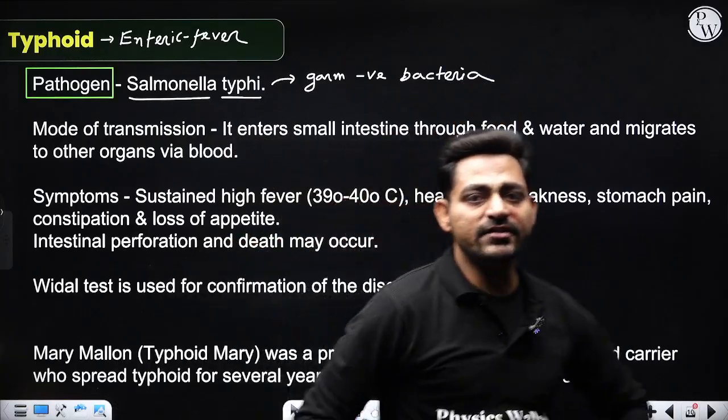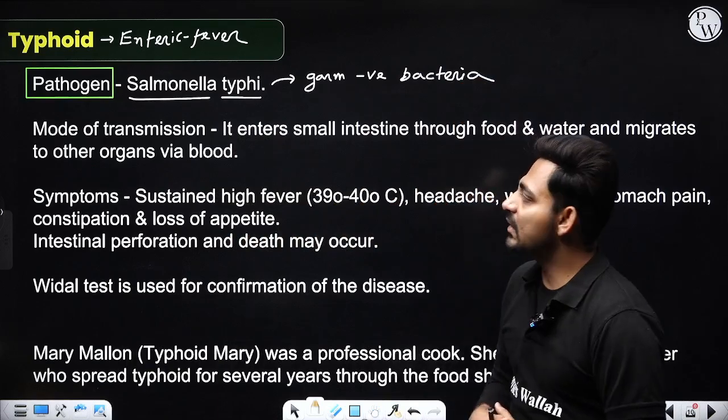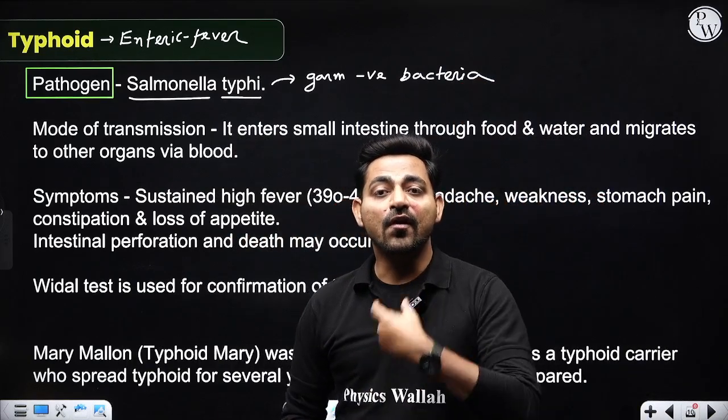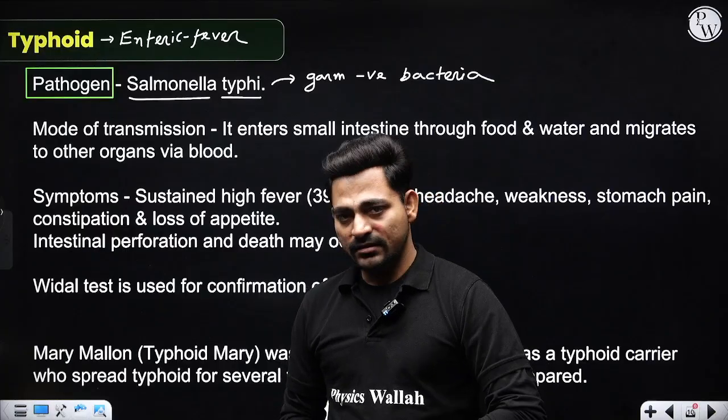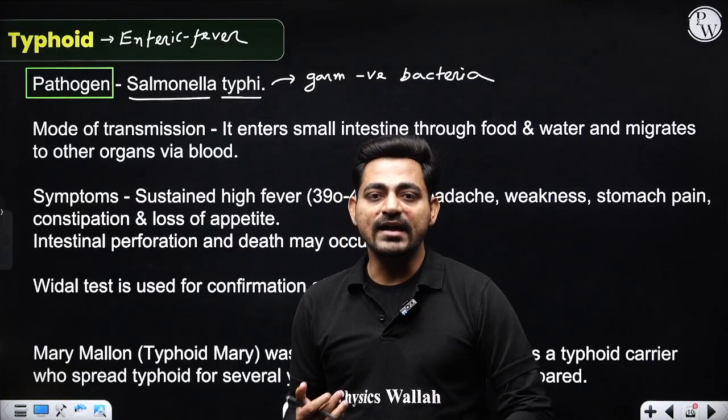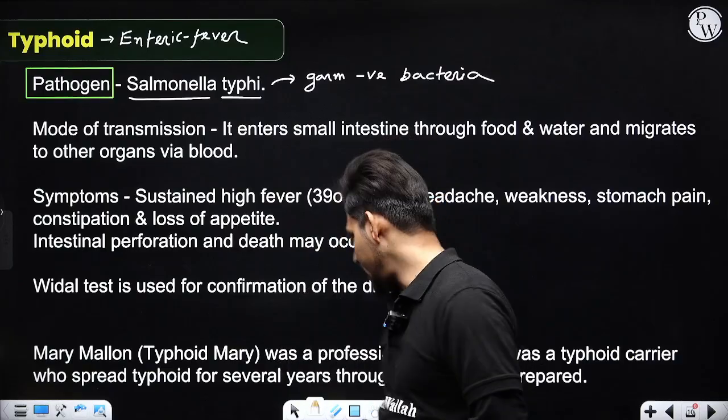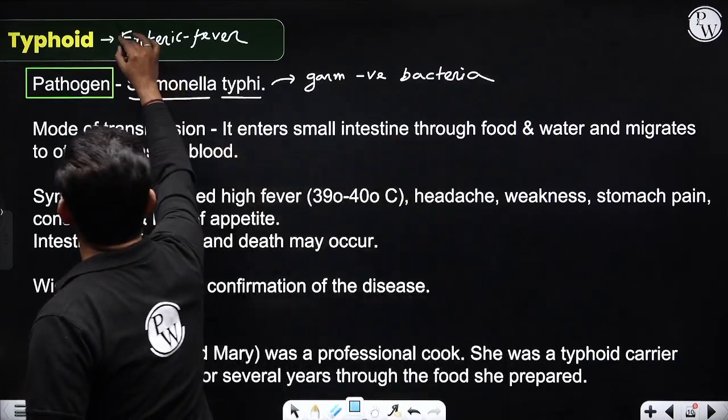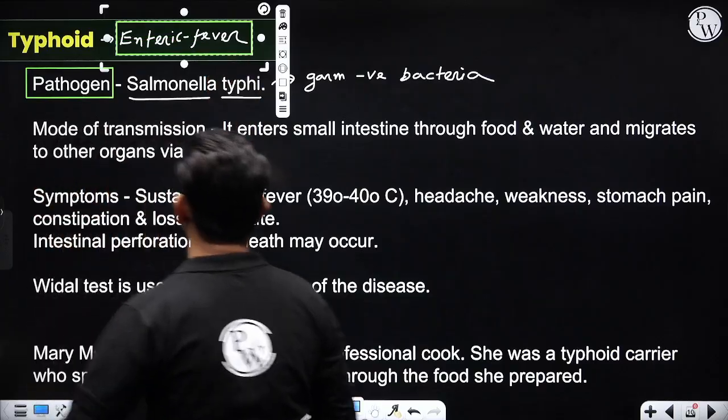The primary site of the attack will be our enteron or gut, right, our alimentary canal. That's why another name of typhoid fever is enteric fever, right?